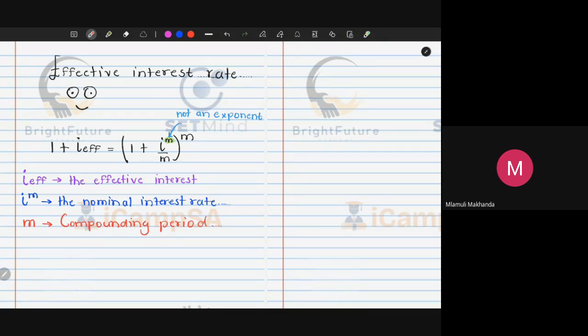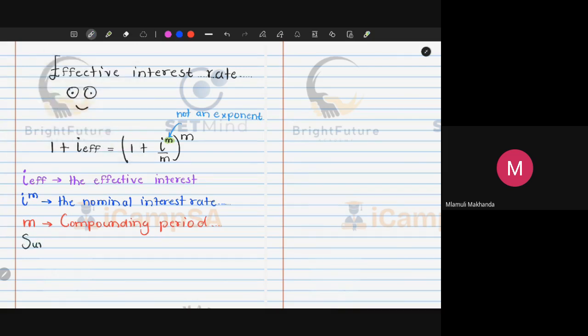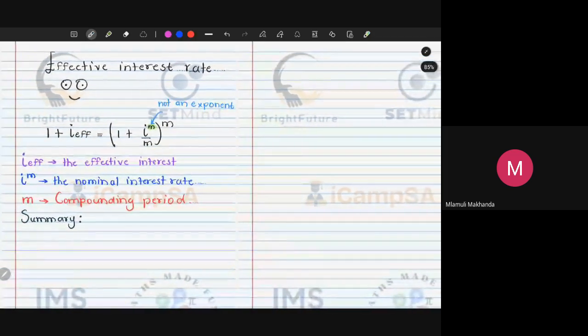We explained all the different possible cases for m. But just to make sure that we are all aligned, I'm going to give you a quick summary before we dive into problems. This summary will help you whenever you're looking at compounding.